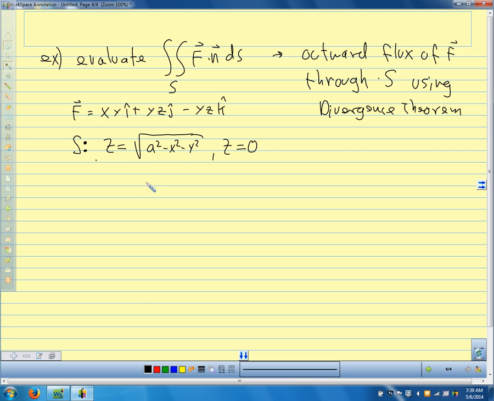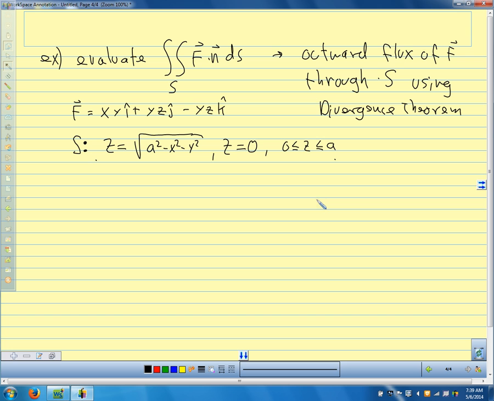So let's see. Do we need to make our restrictions a little more precise? So we'd have to say 0 less than or equal to z less than or equal to a. Would that do it? So that's true.